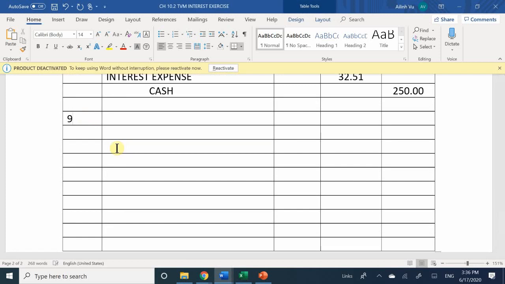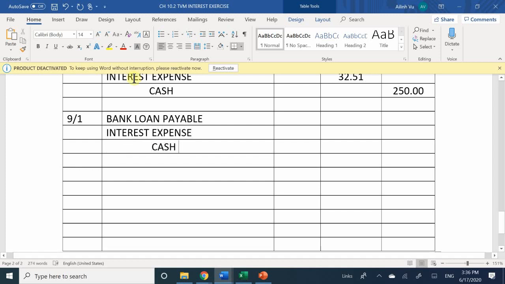So September 1st, we made a payment to what? Bank loan payment, interest expense, and we pay this off in cash. So how much was my interest again? 31.18, and I made a payment of $300.